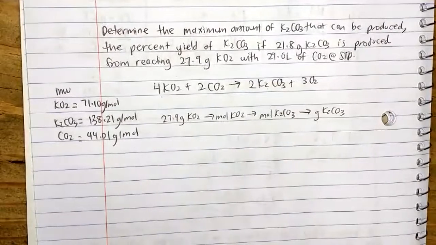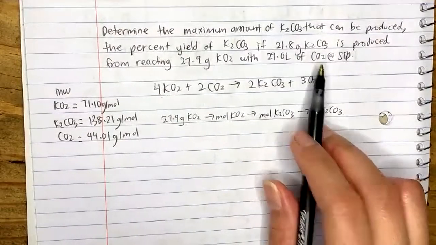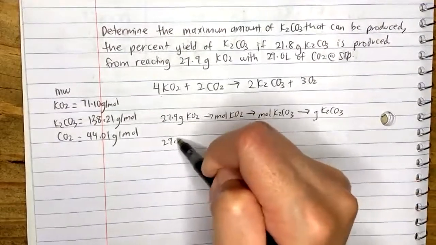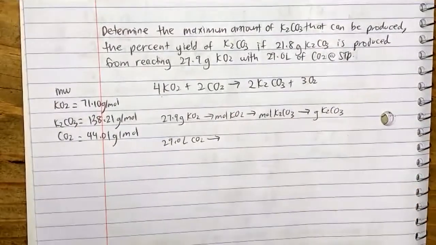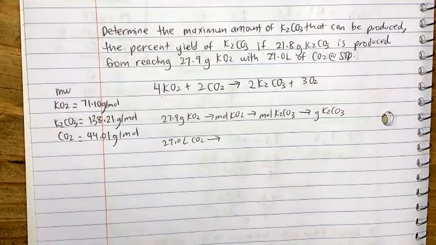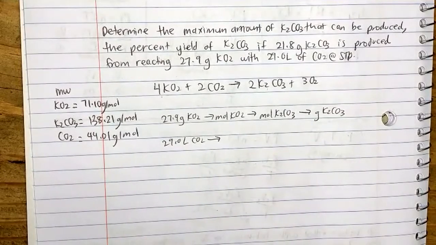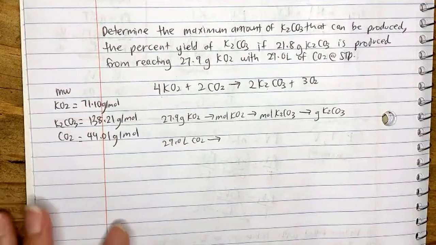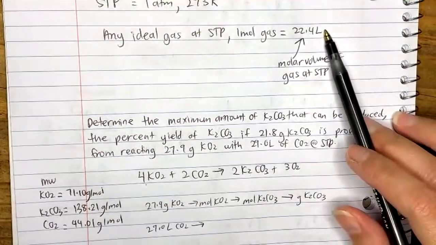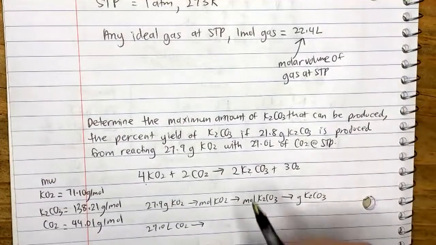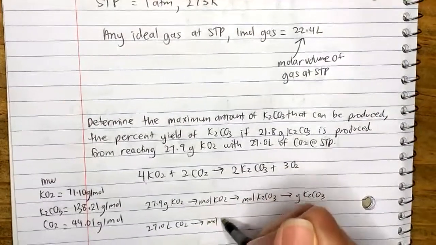And then for the other one, 29.0 liters of carbon dioxide, you want to use the fact that 1 mole of gas is 22.4 liters at STP. You want to turn it to moles of CO2 that way.